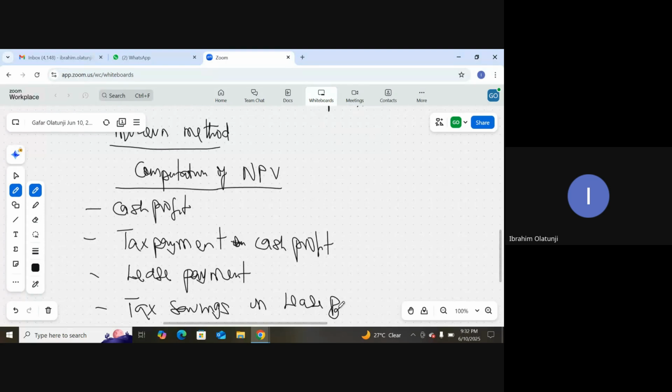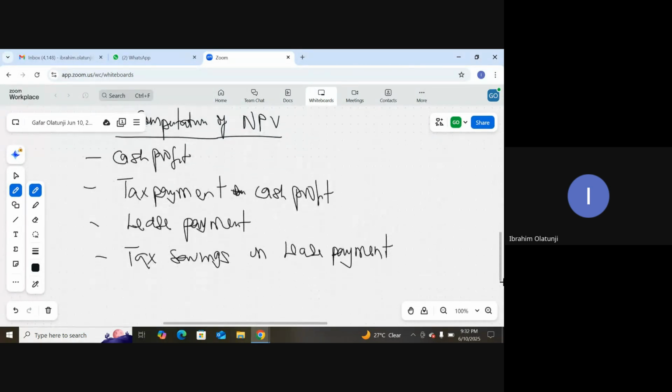So these are the things that you need while computing your NPV under the modern approach. You need cash profit, you need tax payment on cash profit, you need lease payment, and you also need tax savings on lease payment.